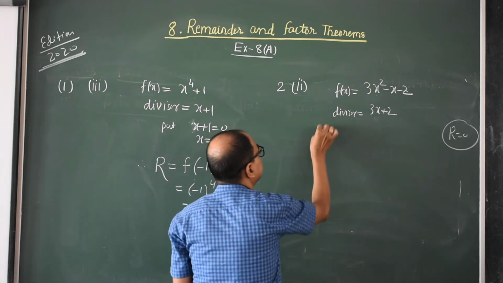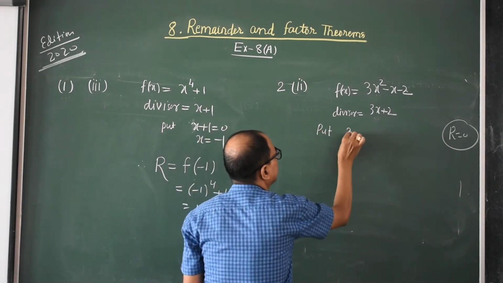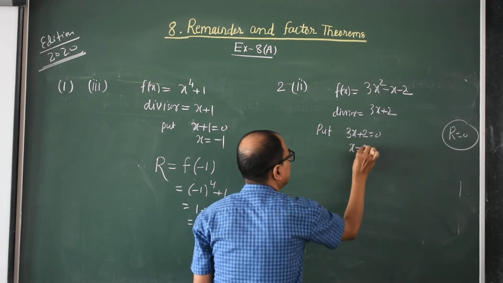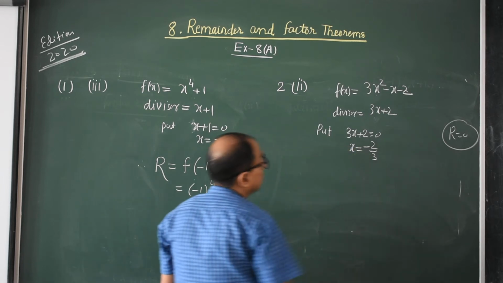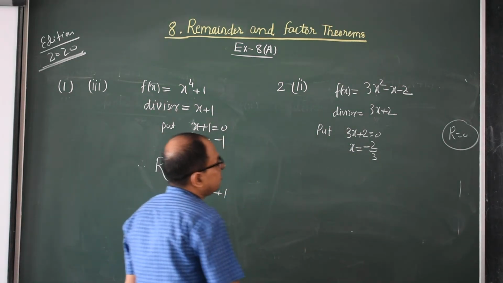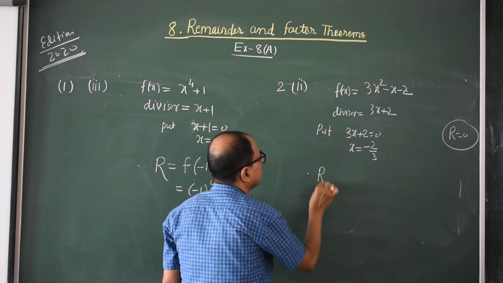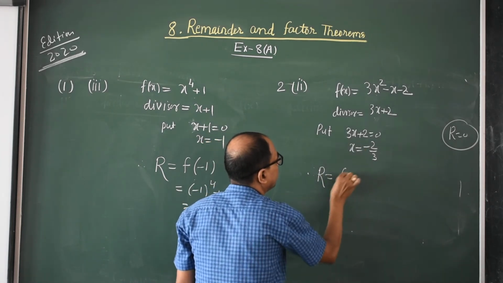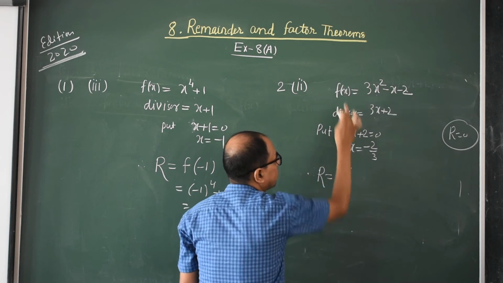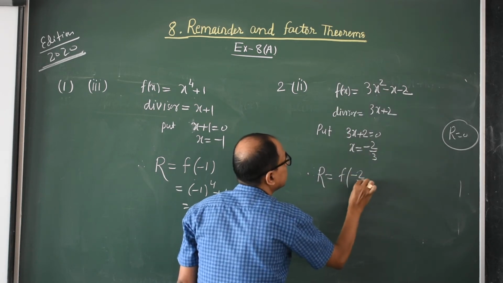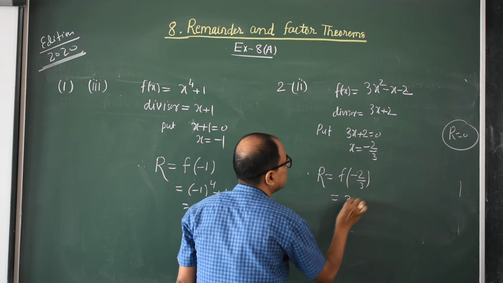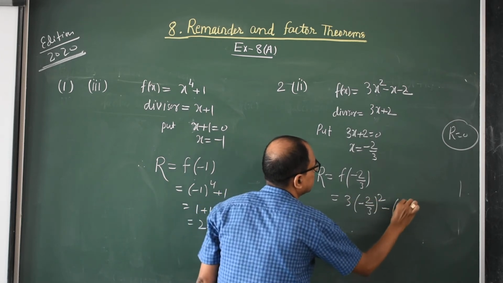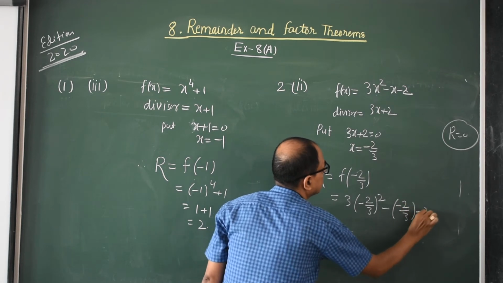So put 3x plus 2 equal to 0. From here you get x equal to -2 by 3. Therefore remainder equals f of -2 by 3: in the polynomial, in place of x, substitute this value -2 by 3. So it is 3 into (-2 by 3) whole square minus (-2 by 3) minus 2.